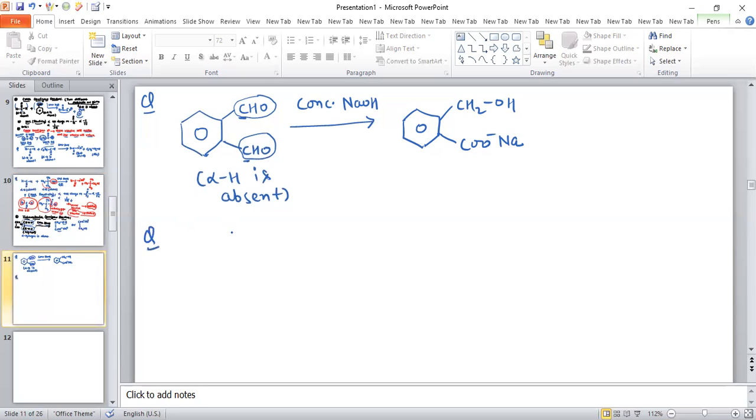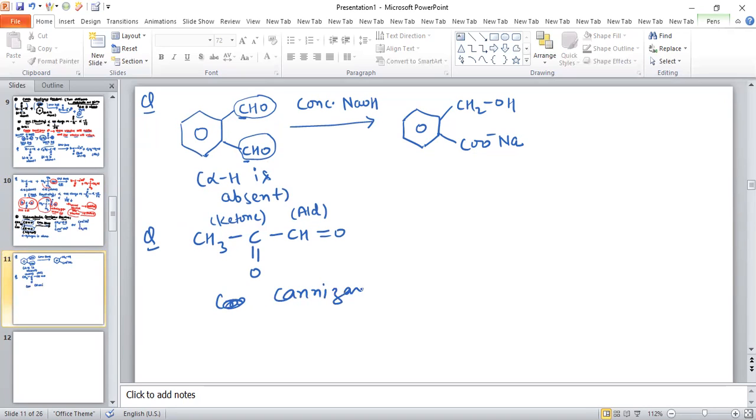Now see the next question related to this. The compound given is like this: CH3, C double bond O, and CH double bond O. Now see, this is basically an aldehyde and this is basically a ketone. We know the Cannizzaro reaction is based on the nucleophilic addition reaction, so reactivity is directly proportional to nucleophilic addition.